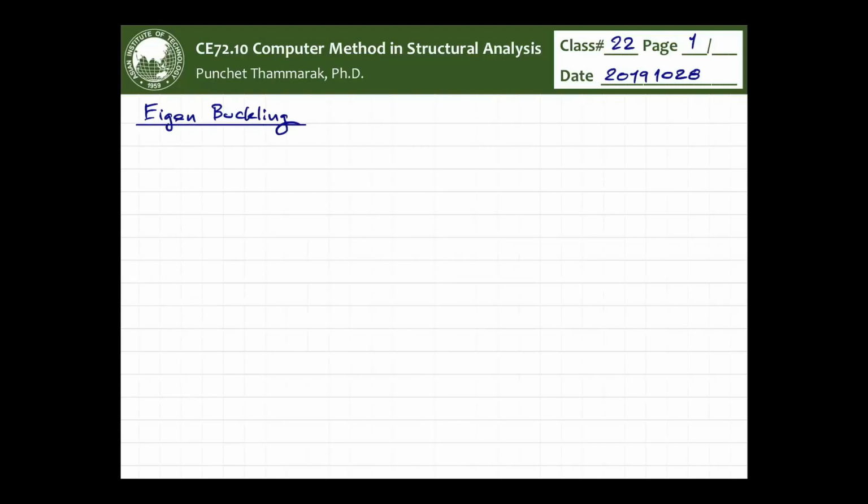First, we get the load by solving the governing differential equation.